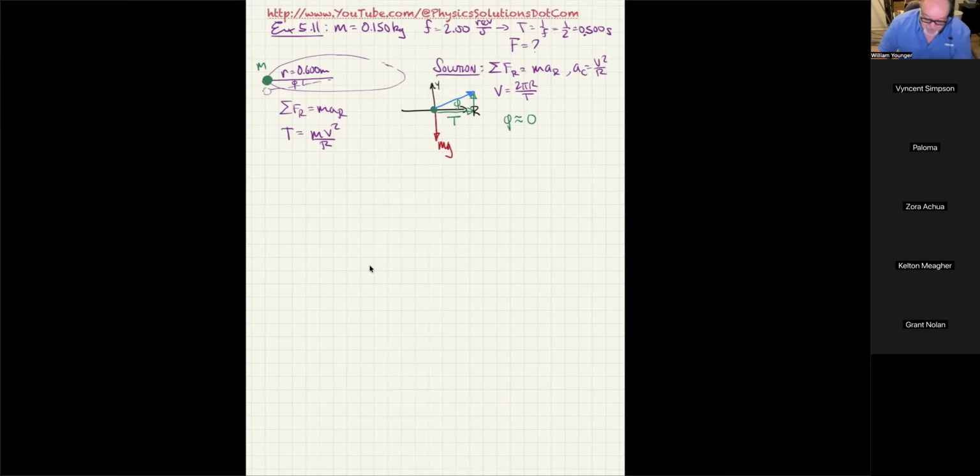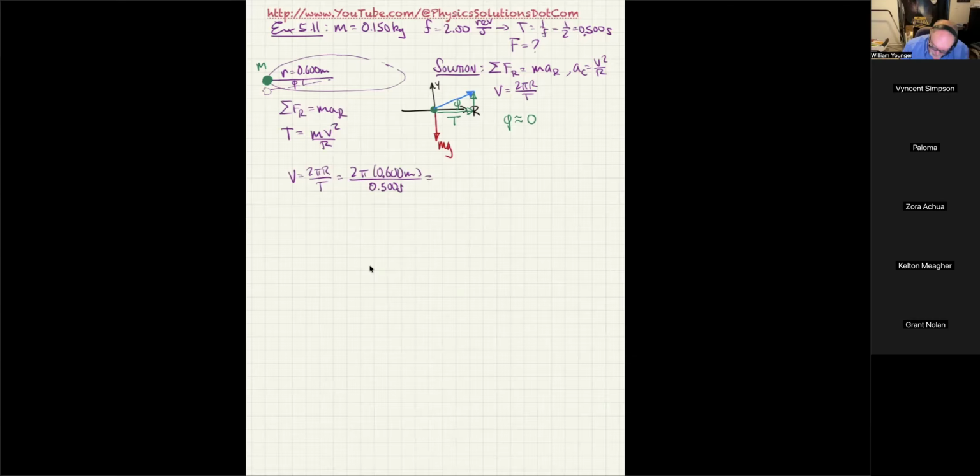Now that we have that, we can go ahead and calculate exactly what that is. But in order to do so, I still need the velocity. So we learned earlier that the velocity was 2 pi r over T. So that's going to be 2 times pi times 0.600 meters, all of that divided by 0.500 seconds.